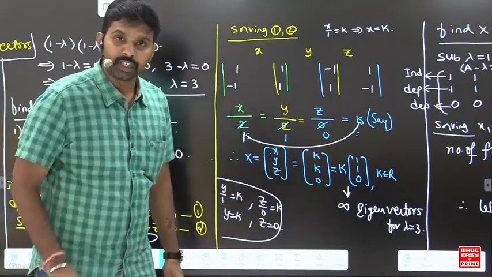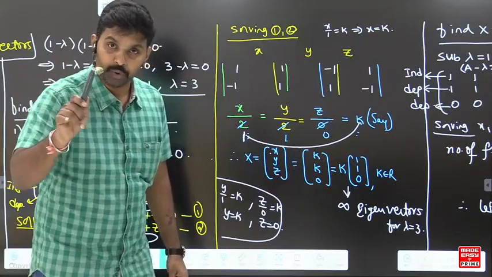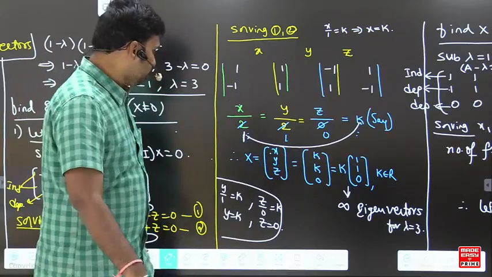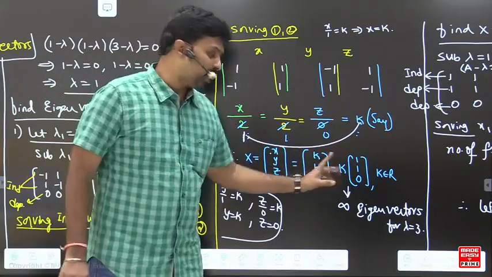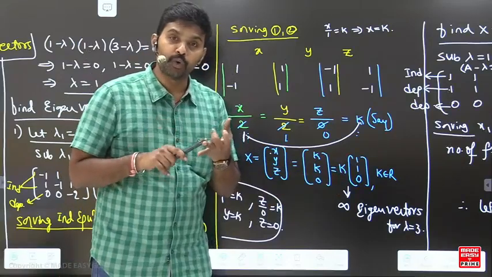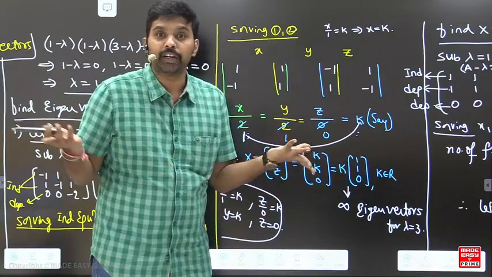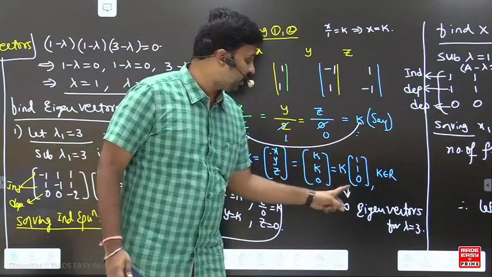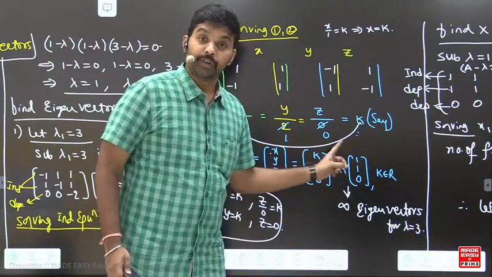So now, my dear students, a very simple question to all of you: there are infinite eigenvectors because k can be 1, 2, 3. K can be anything here. So therefore you can write here infinite eigenvectors, right?